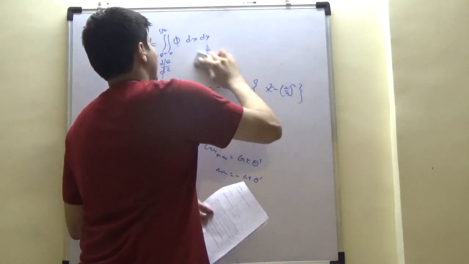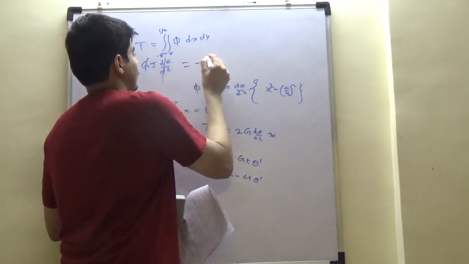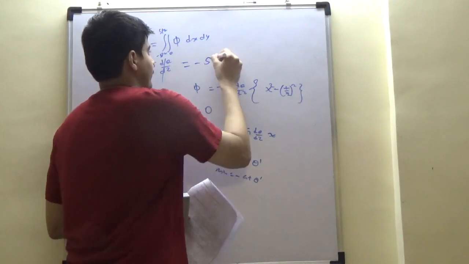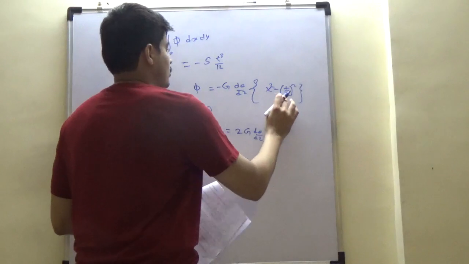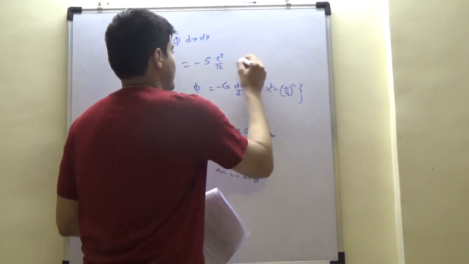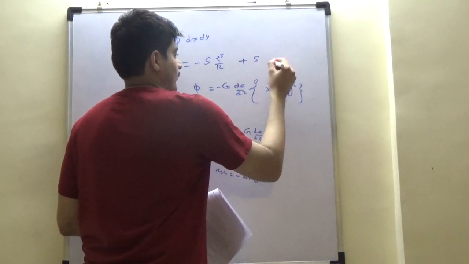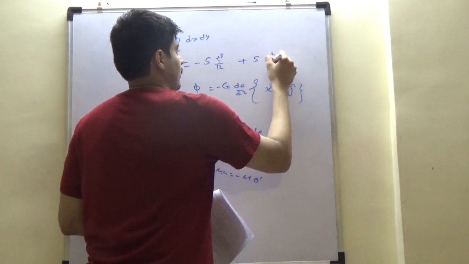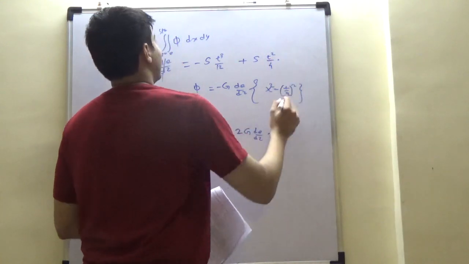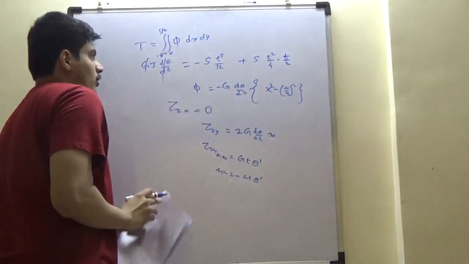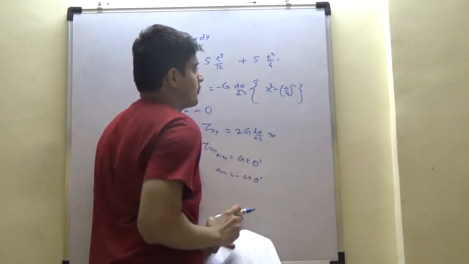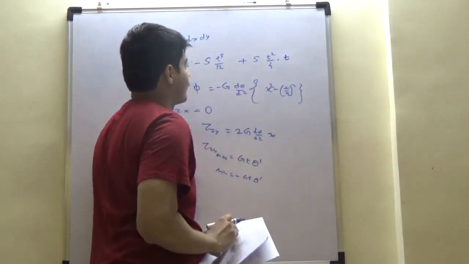So this will become minus of s t cube by 12, right? This constant term is not yet gone. It is plus s t square upon 4 into t by 2, right? Because one x is going to come, which t by 2 minus t by 2 is going to give me t.